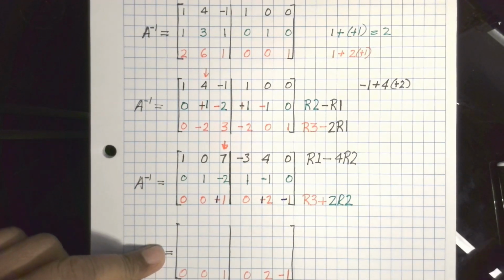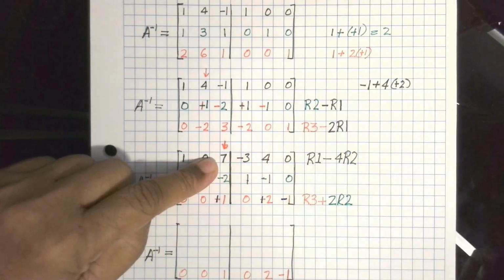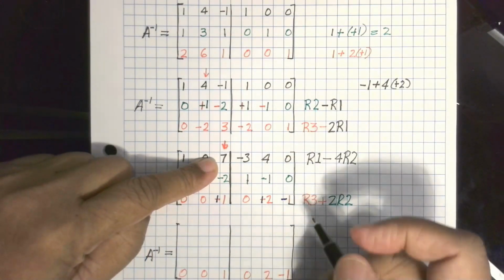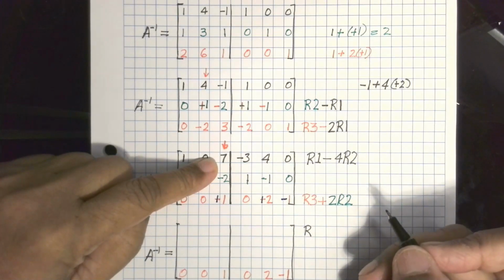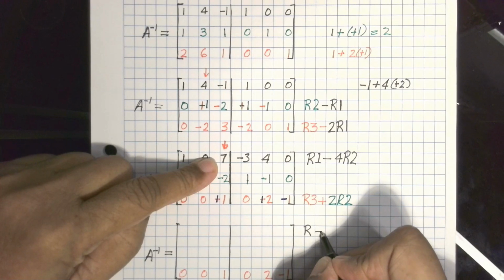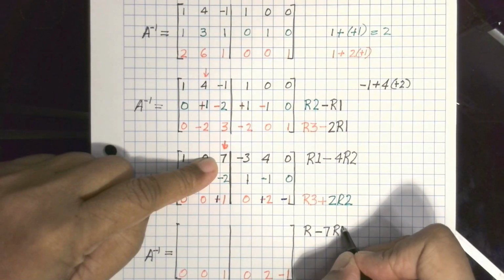Okay, so what is our plan? Okay, we are looking at 7. So we're going to take row 1, and we want to change that 7 into a 0, minus 7 of row 3.